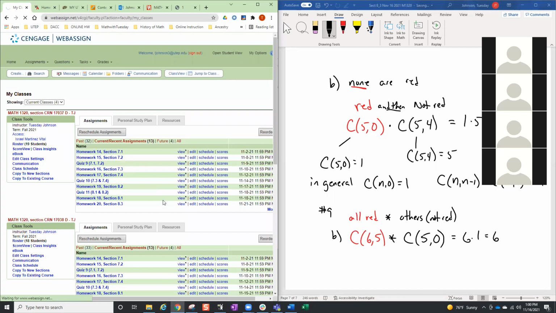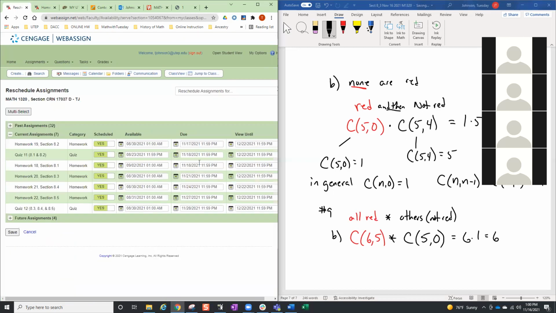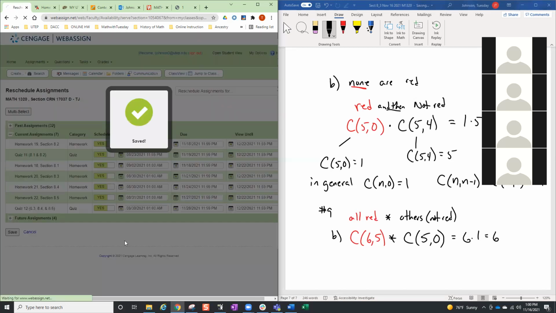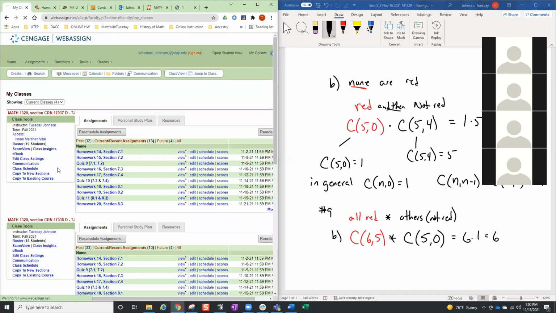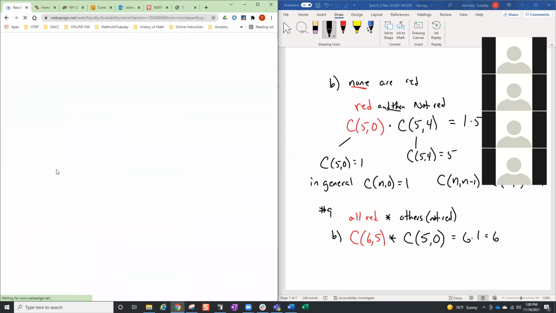Hold up. Yeah, so let's make this one also due on the 18th because it was the same lecture day. And then the next day for the quiz. And then I'm pretty happy with the rest of those dates. Make sure I do the same thing so that everybody has the same chance.